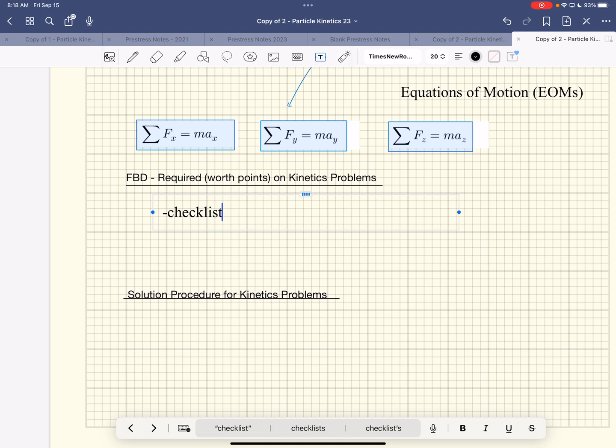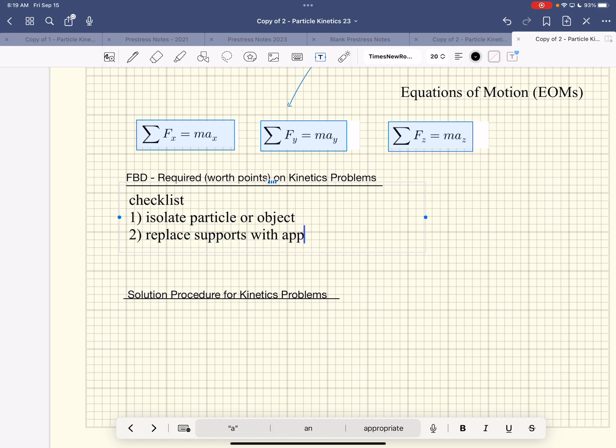All right, little checklist. Number one, we're gonna isolate the particle. That's all we're doing right now, the particle or object. First thing you do, take everything off of there and isolate that sucker. Then we replace supports with appropriate forces or moments.